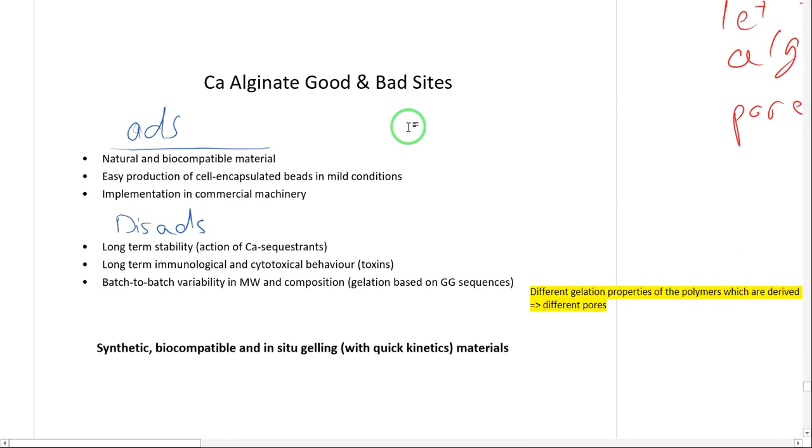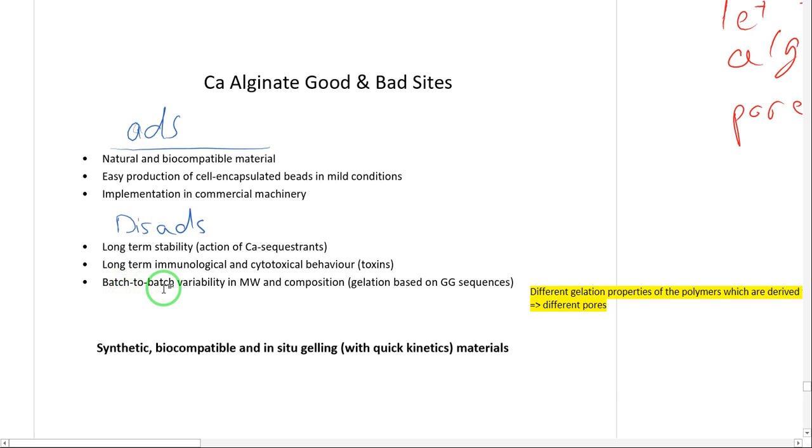Another problem with the encapsulation of the cells is batch to batch variability. What is batch to batch? Batch to batch means that if you produce something now and then you produce it another time, you need to have similarity between what you produce now and what you produce later.